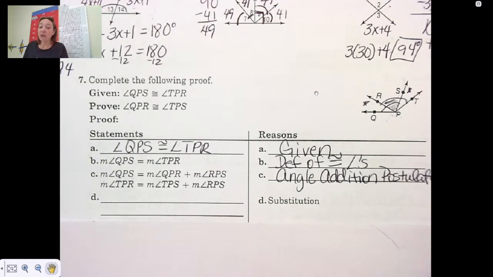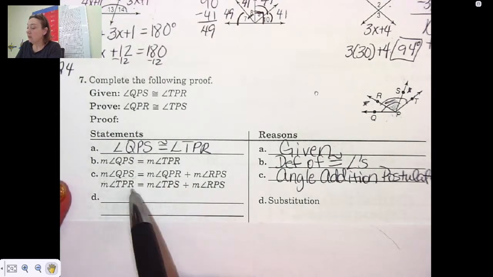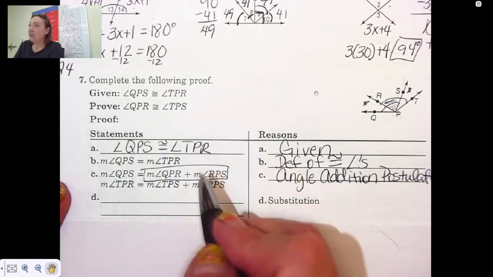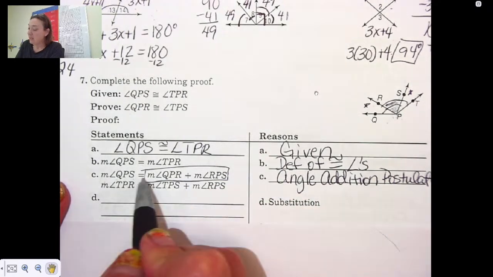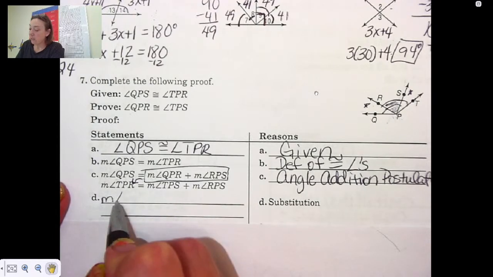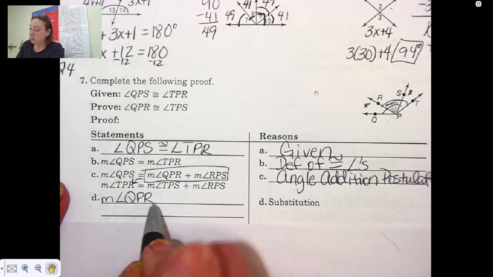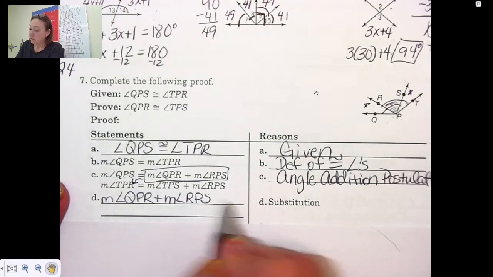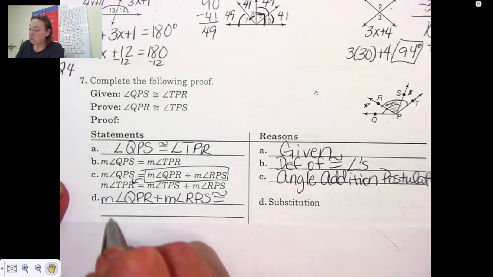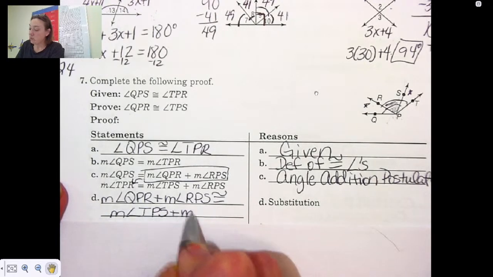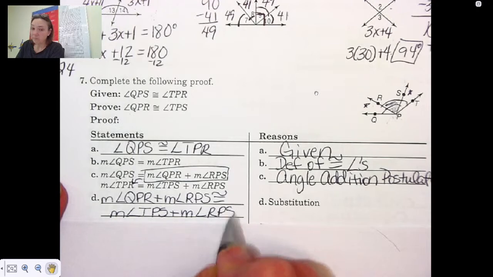Yes. So we know that angle QPS and angle TPR equal each other, right? So we know that what adds up to get them equals each other. So we can take this and put it in that place right there. Now it's going to say the measure of angle QPR plus the measure of angle RPS is congruent to the measure of angle TPS plus the measure of angle RPS.